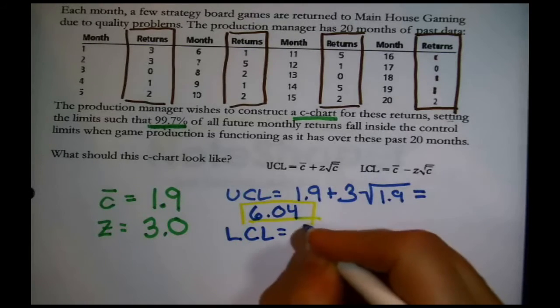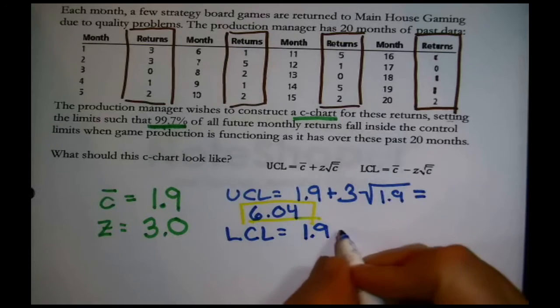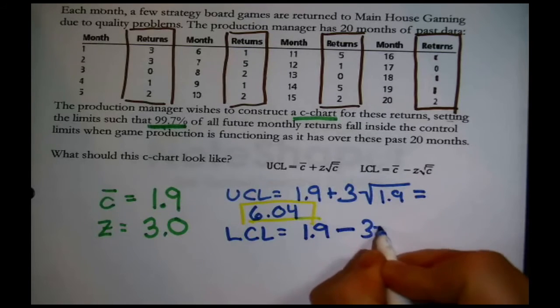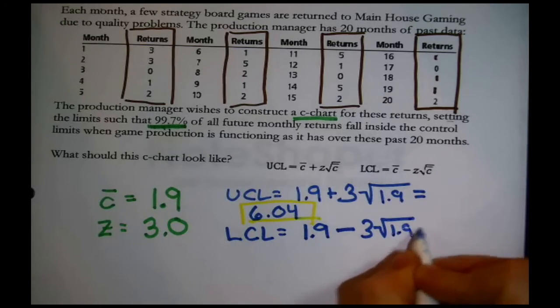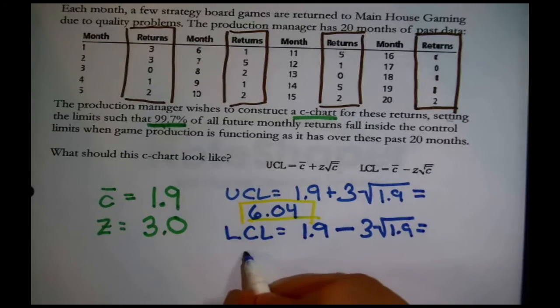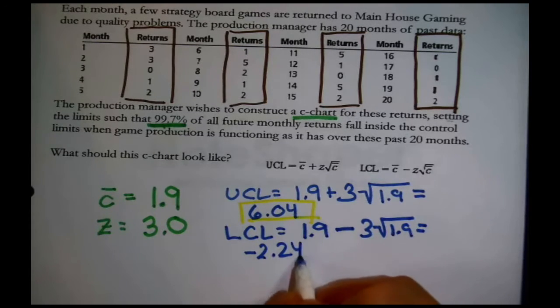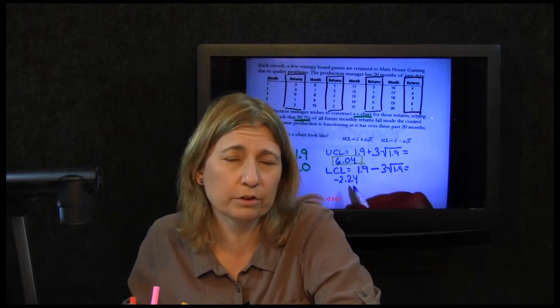Lower control limit, very similar, 1.9 minus 3 times the square root of 1.9. I get negative 2.24, and I am not drawing a box around that. That is the result of the formula. But remember, these are limits on the number of returned games a month.